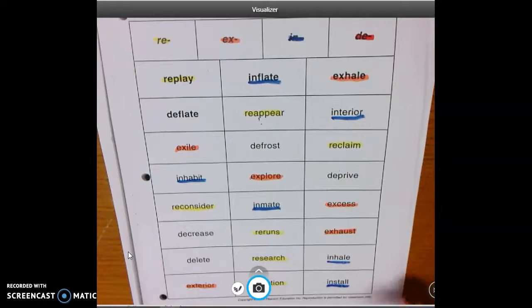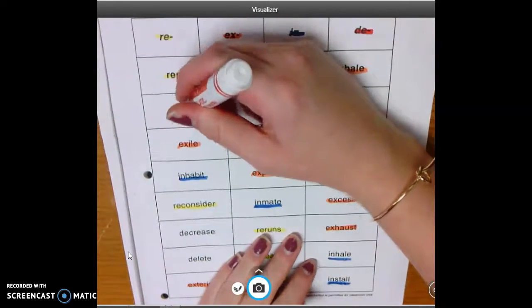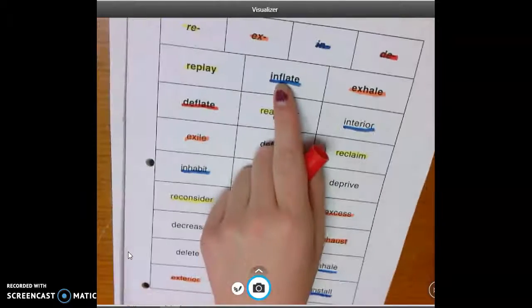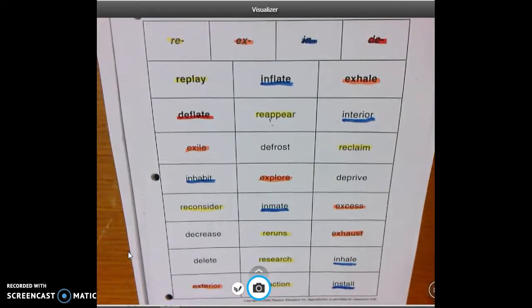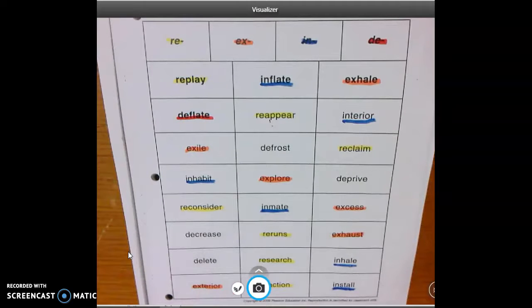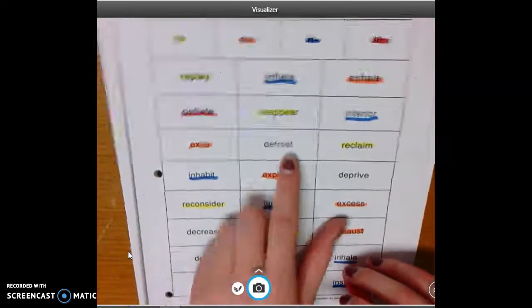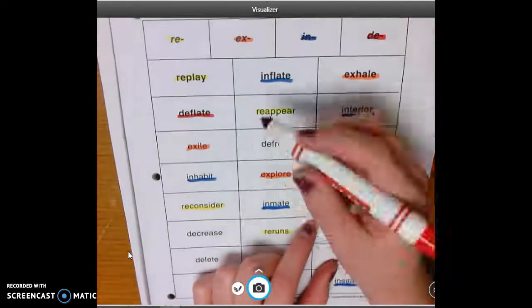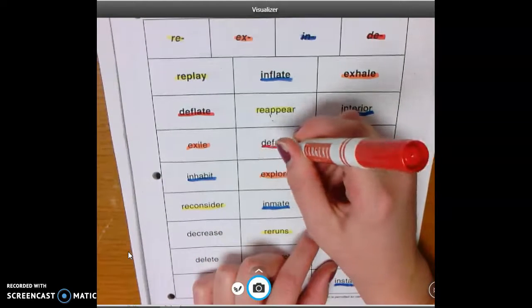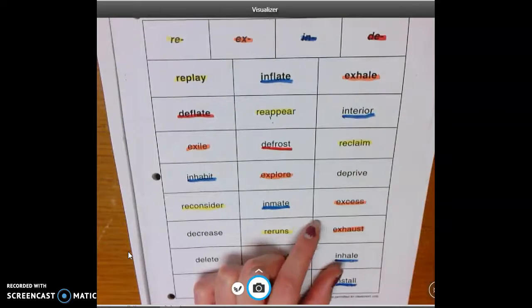Okay, so when we have the word deflate, it's the opposite of inflate. It means to let the air out of something or to remove the air. So we have our meaning remove, not, or reverse. Defrost, to take the frost off of something, to thaw it out.